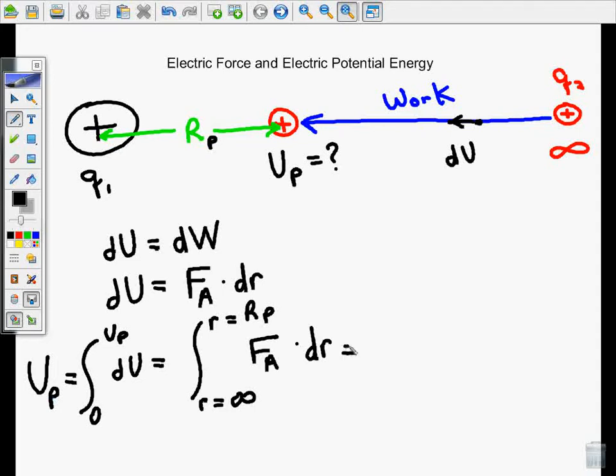And we went on to say that if you're pushing that charge in with a certain amount of applied force, the electrical force is going to be in the opposite direction here.